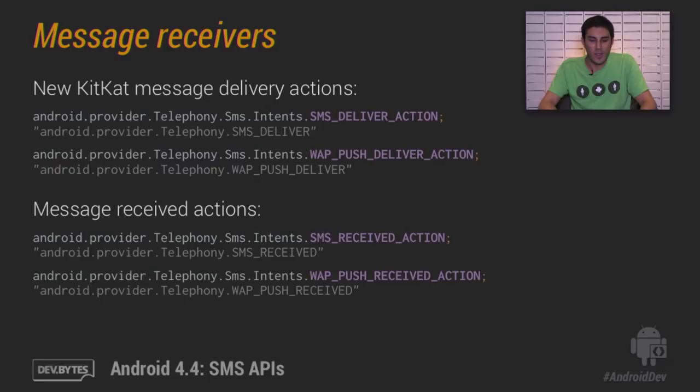These actions were SMS received action and WAP push received action. And these still exist in KitKat and are actually now public. And applications can still listen to them as they did before. To distinguish the difference between these two, think of SMS received action as the system has received an SMS, whereas the SMS deliver action says the system is delivering your app an SMS because you are the default SMS app.